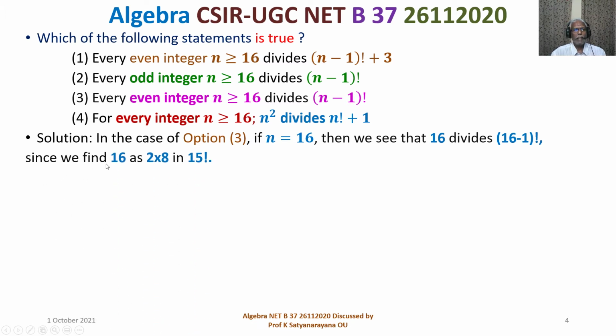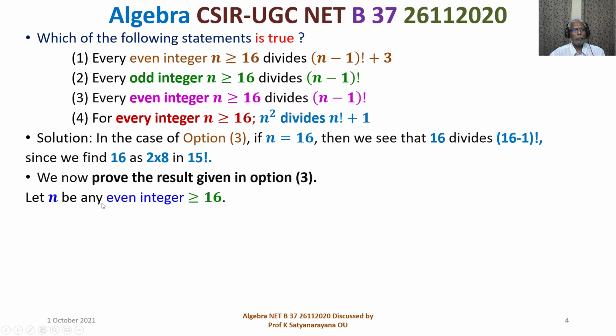Because we find 16 as 2 into 8 in 15 factorial. So in the case of option 3, if n is equal to 16, then 16 divides (16 minus 1) factorial. Now, we prove the result in general.